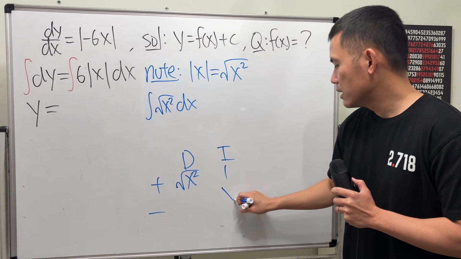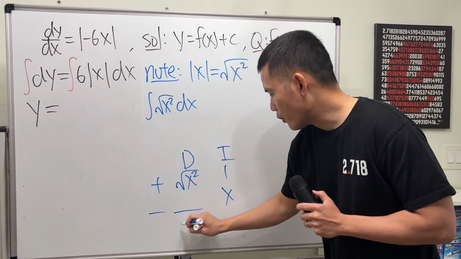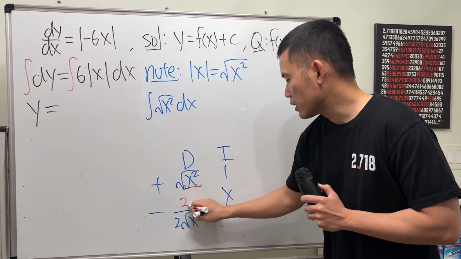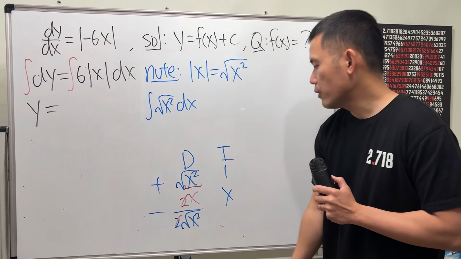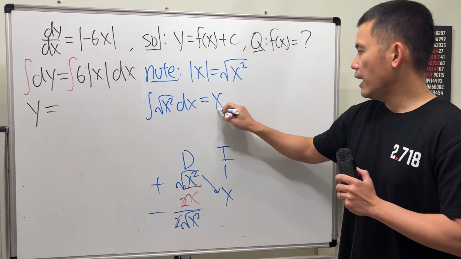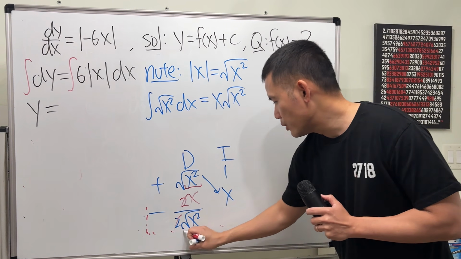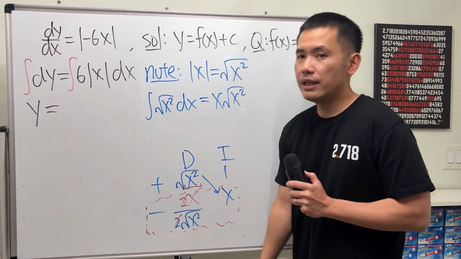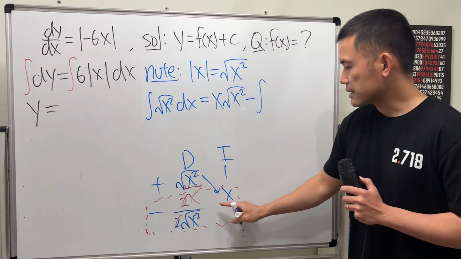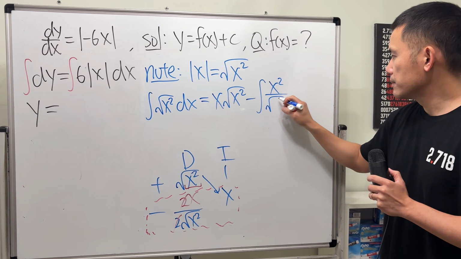Integrating 1 gives us x, and differentiating this square root will give us 1 over 2 square root of the inside, and then use the chain rule, multiply by 2x, 2 and 2 cancel. So this times this is the first part of the answer, x square root of x squared. And then we still have to multiply these two things and then put that inside of an integral. That's a minus integral x times x, which is x squared, over square root of x squared.